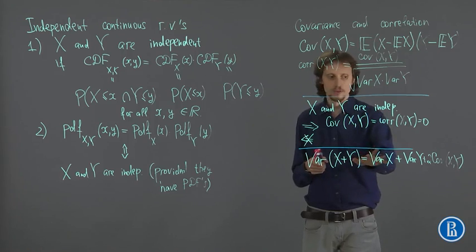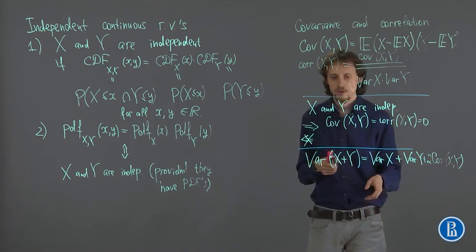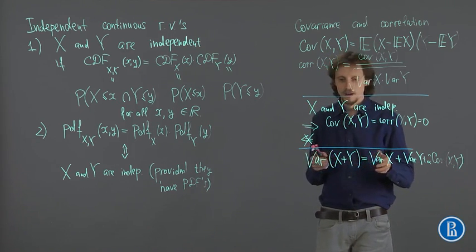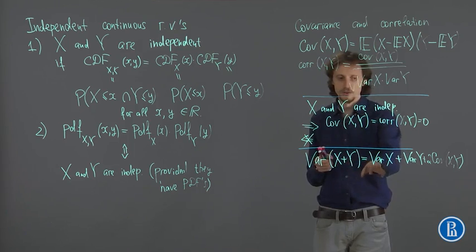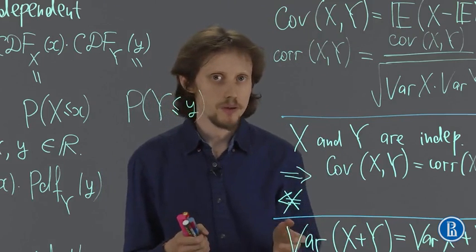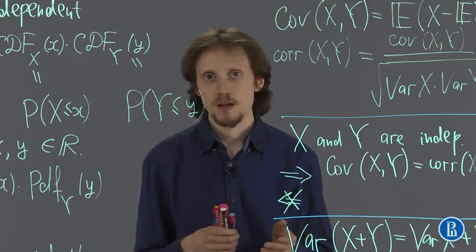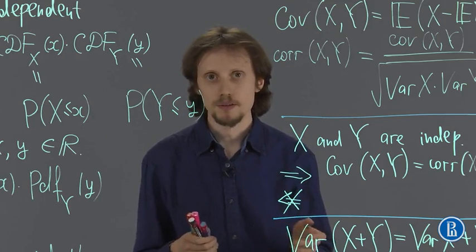It immediately follows that if two random variables are non-correlated, meaning that the covariance equals to 0, then variance of sum equals to sum of variances. This fact is very important, and we will use it later when we will discuss law of large numbers and central limit theorem.